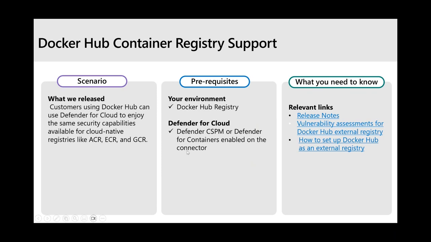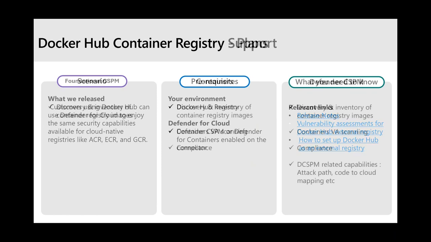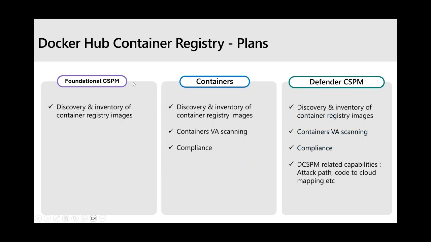You can enjoy the same built-in capabilities that you see for other cloud registries as well. This process involves creating a connector for the Docker Hub registry that we'll see here in a minute. But essentially, there are different plans that you can turn on for the connector. With foundational CSPM, you're able to discover the registry and get inventory into the images.